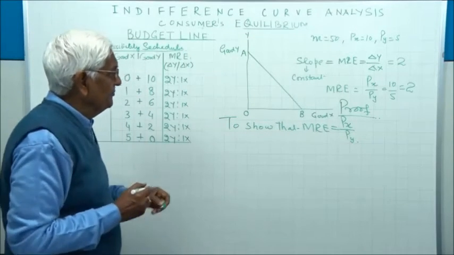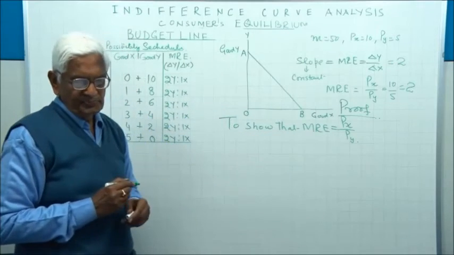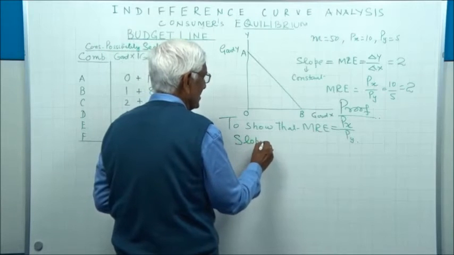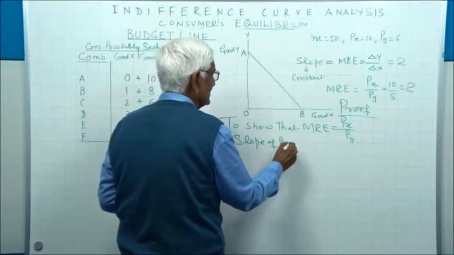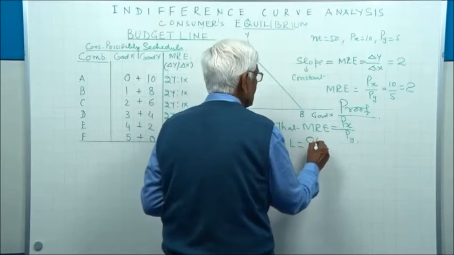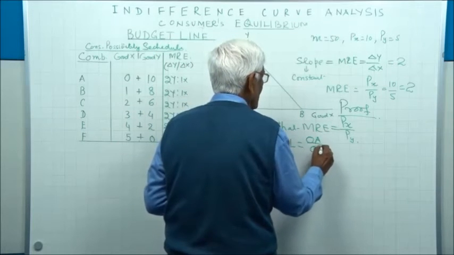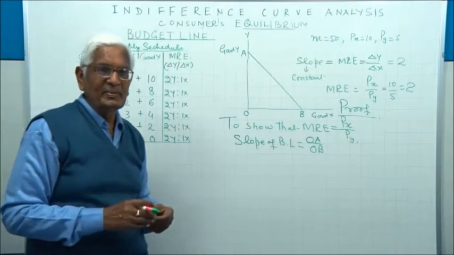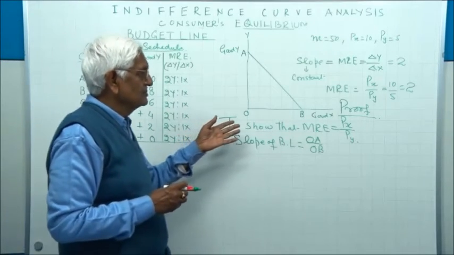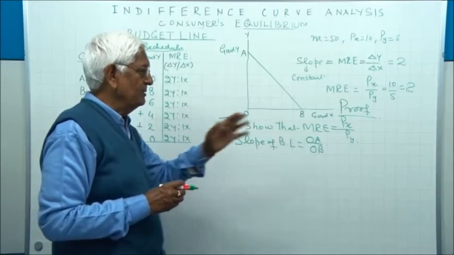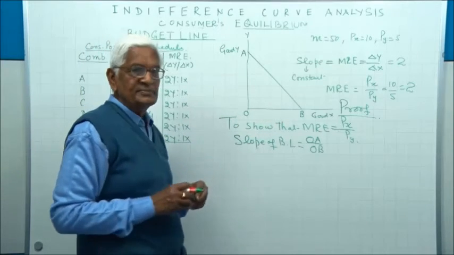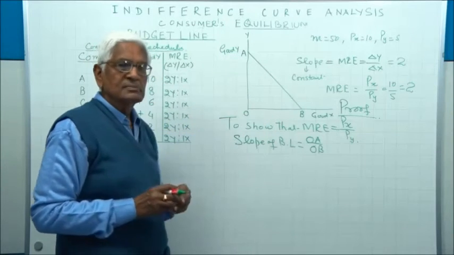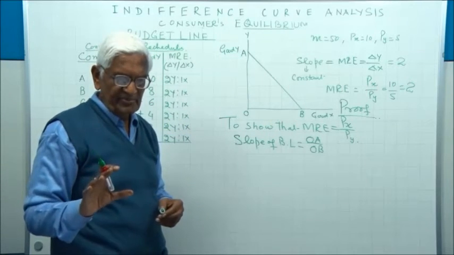We are given budget line AB. So slope of budget line is equal to OA upon OB. You study mathematics and you will easily know that OA upon OB is the slope of the budget line. Whether we take slope in between or we take at the end, it means the same thing.